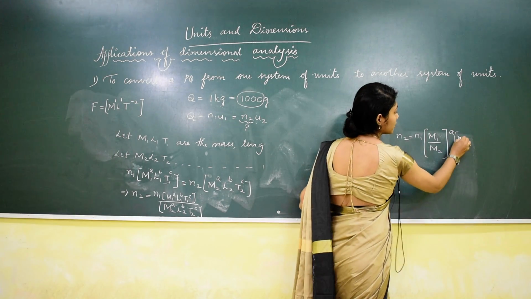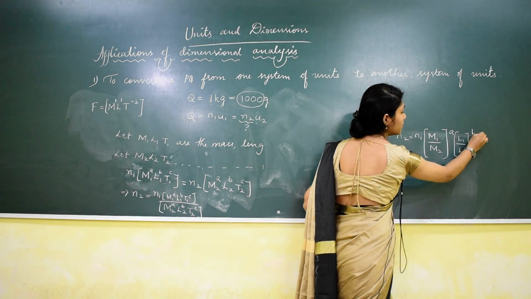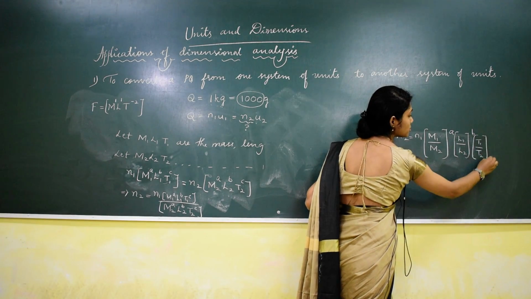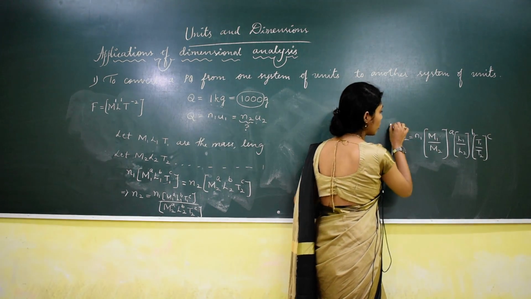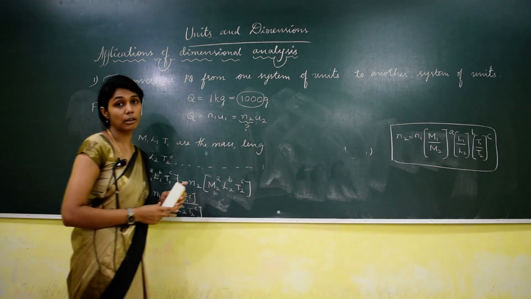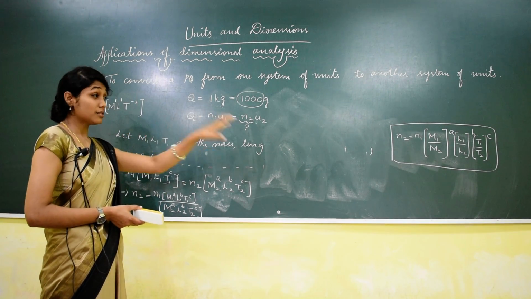Similarly l1 divided by l2⁻⁵ and t1 divided by t2⁻⁶. So this is the formula to calculate the second numerical value if I don't know it. Okay, fine then. So this is the general formula.